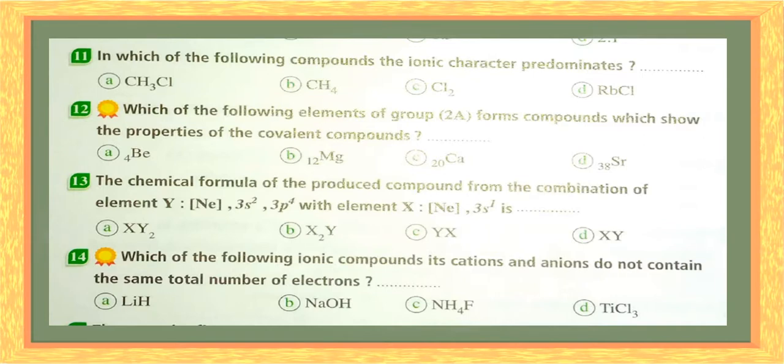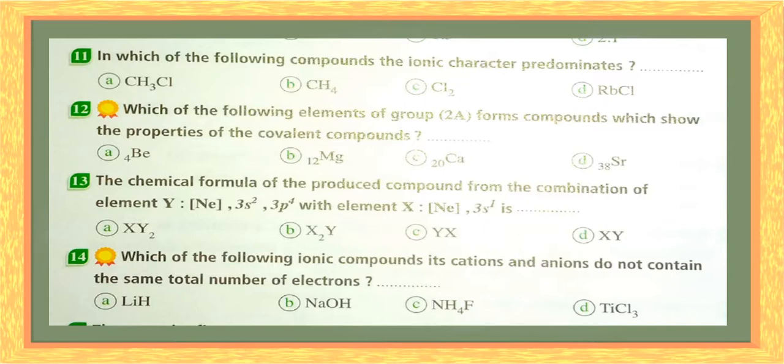Question 11 says: in which of the following compounds does the ionic character predominate, meaning it has a high effect on the compound? We have here CH3Cl, a covalent compound.